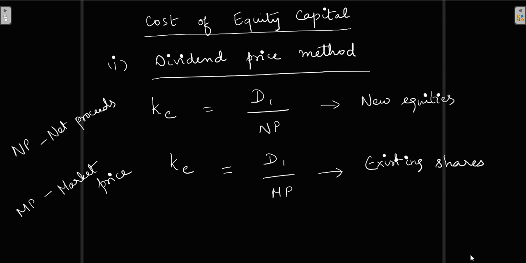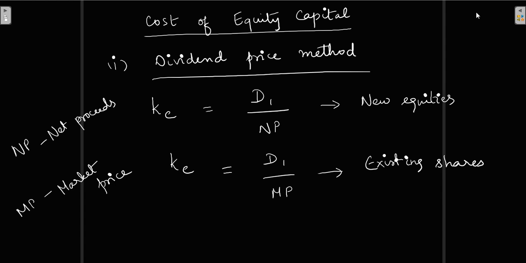One is dividend divided by net proceeds in the case of new equities that are floated for the first time. The second formula is dividend divided by market price. This is used in the case of existing shares.